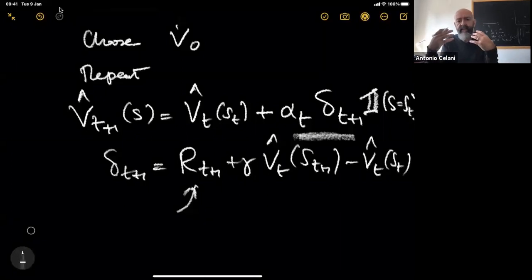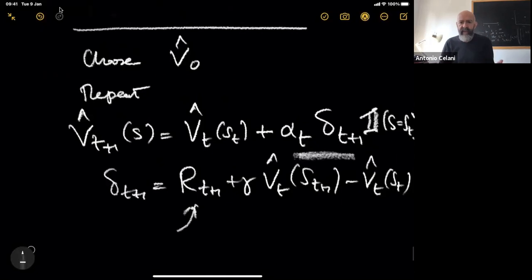It is way more efficient than Monte Carlo. Okay, because you're leveraging on the fact that you accumulate your learning. You start with a guess, which technically is called bootstrapping. Okay, and you improve your guess. You start from somewhere, you bootstrap from some choice, and then you use this bootstrapping in order to improve. Monte Carlo does not do bootstrapping.